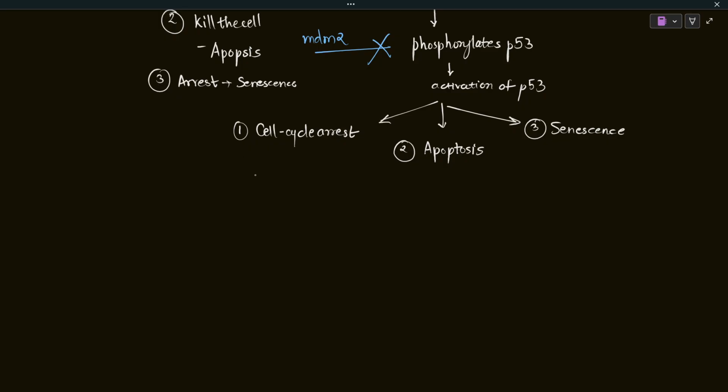So what happens is that p53 activates p21, and this p21 is also known as CKI, cyclin dependent kinase inhibitor.